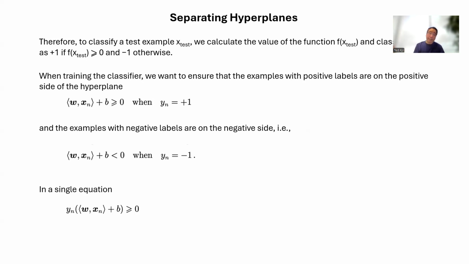We also want it to be less than 0 for all the negative examples, and because we use this convenient +1 -1 naming convention, we can now have this single equation where we just multiply our expression Wx plus b by the label that's +1 or -1. And so the -1 basically turns the greater than into a less than effectively.